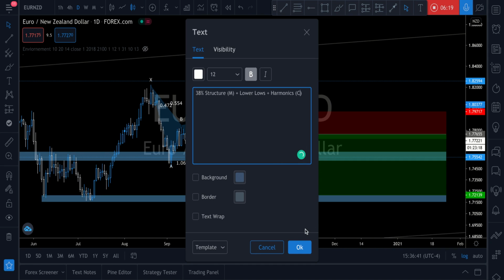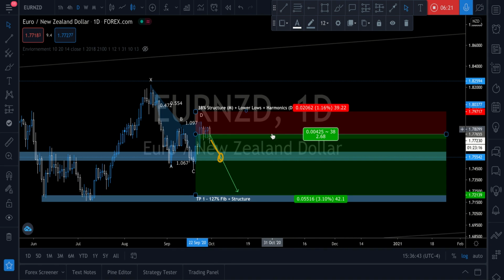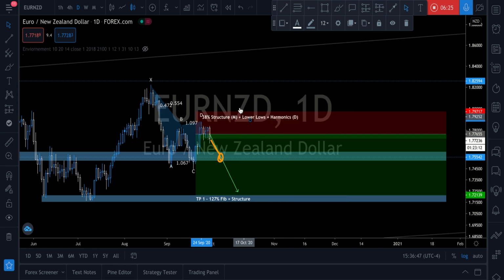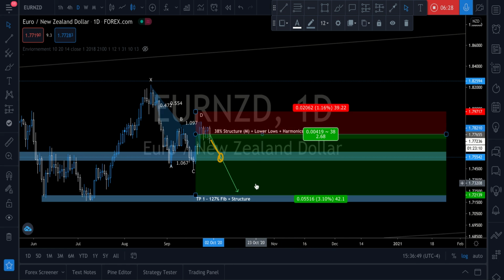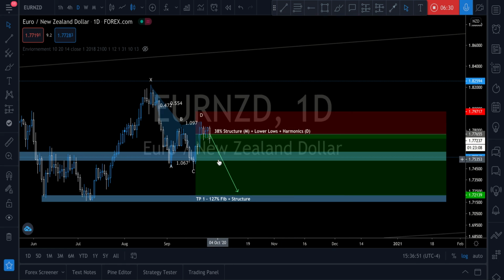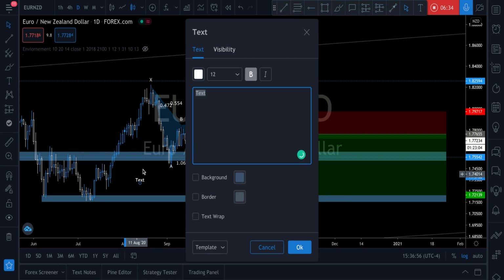And we're going to do daily here. Daily. So that's why we're getting in on this entry. Put that right here. I'll delete that. And then real quick, just explain what this is. This is the structure on the weekly. Weekly.